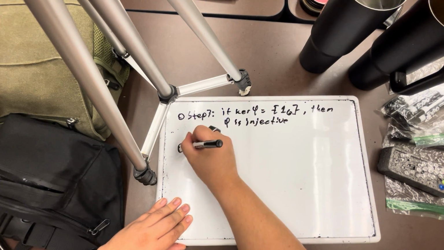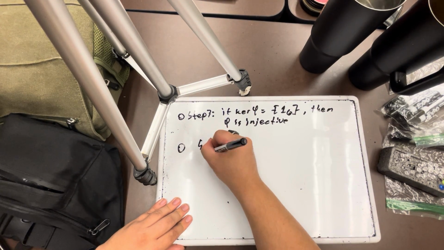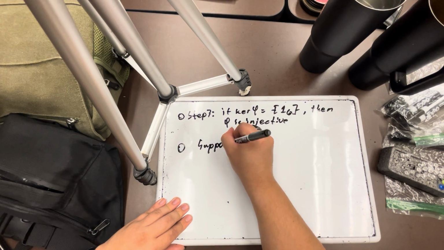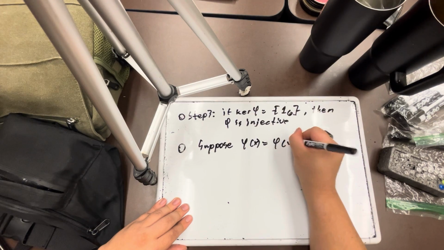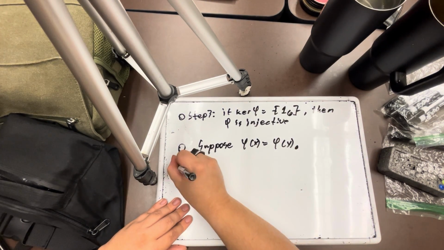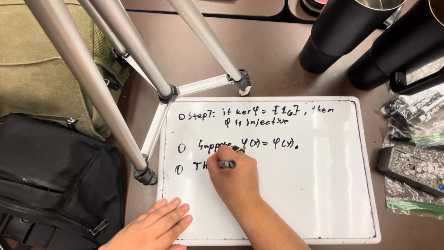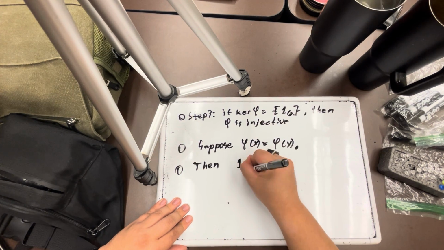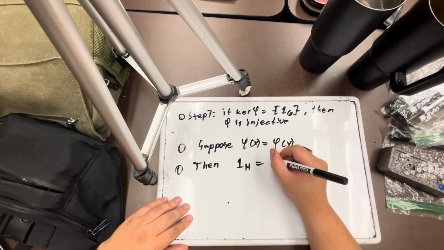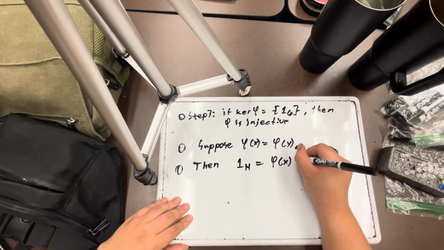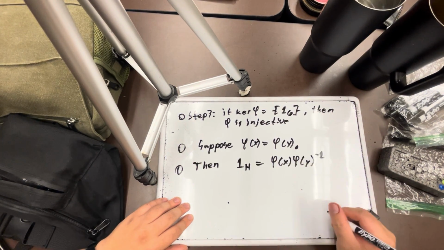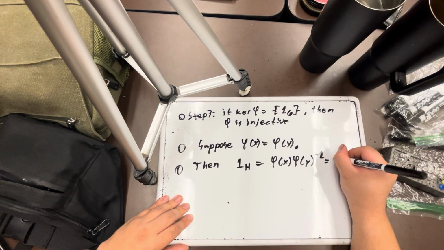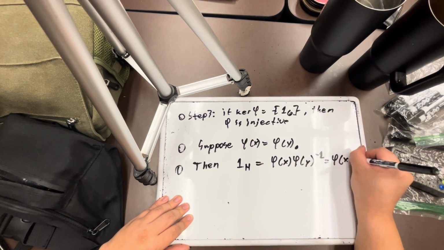Okay, so let's suppose phi of x is equal to phi of y. Okay? Then the identity of H is equal to phi of x times the inverse of phi of y, which is equal to phi of x inverse y.